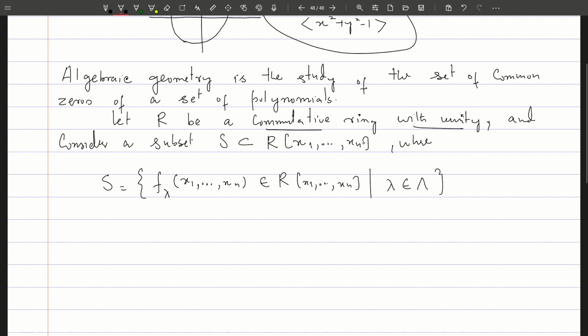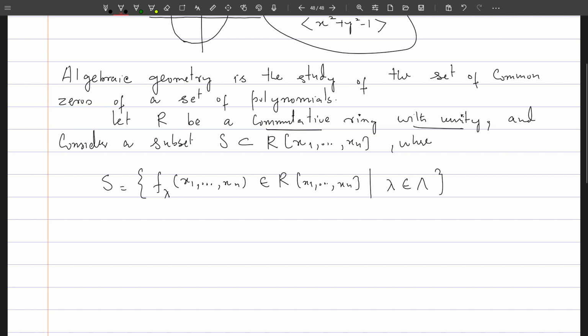So now what we do, we look at the set of common zeros of the polynomials in this set.